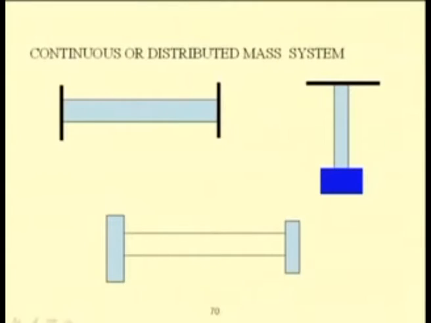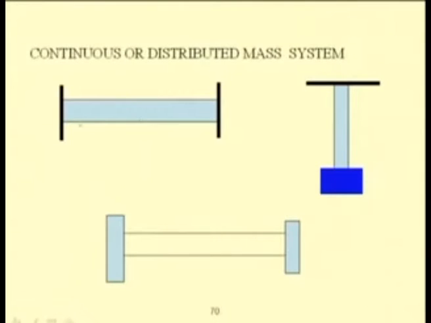As these continuous systems can be represented as an infinite number of spring and mass systems, one can have infinite natural frequencies, and hence infinite mode shapes of the system.